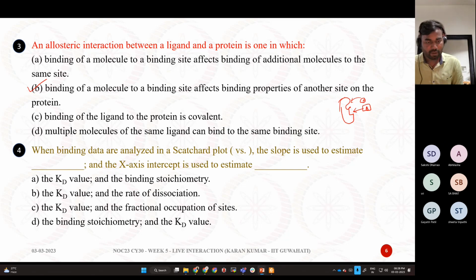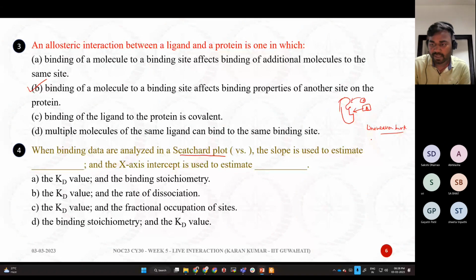Now the next question is regarding the plots that you have studied. So the question is, when the binding data are analyzed in a Scatchard plot, the slope is used to estimate this, and the x-axis intercept is used to estimate this. I will also talk about what the Scatchard plot is, because you might have studied the Lineweaver-Burk plot, and then the different Michaelis-Menten plot.